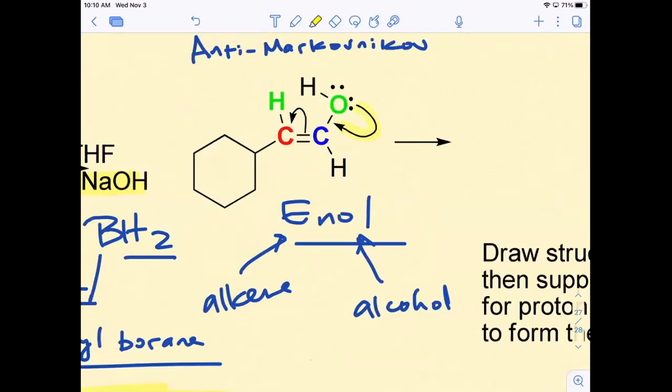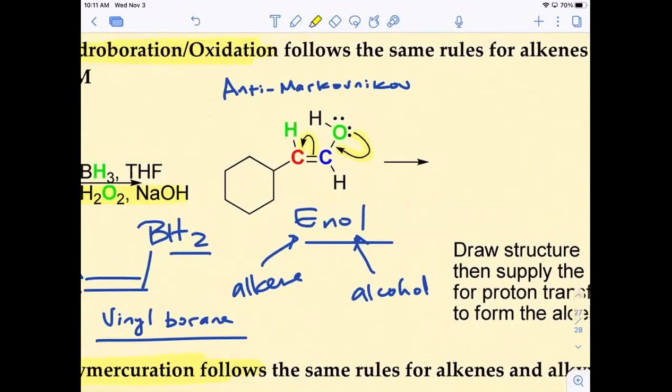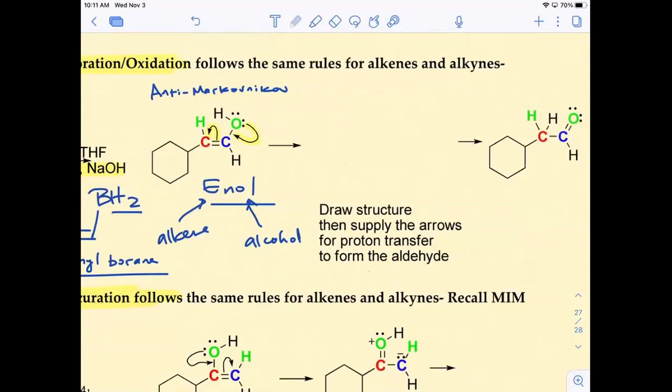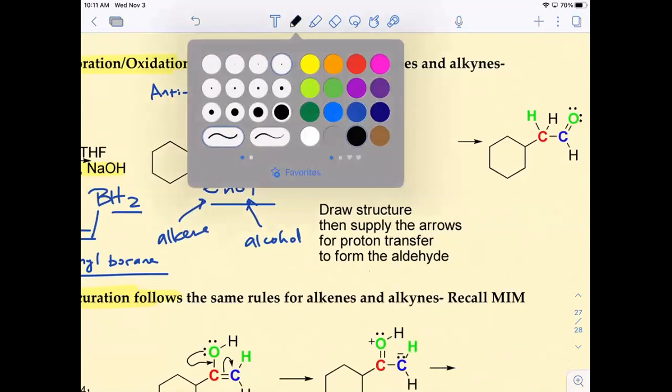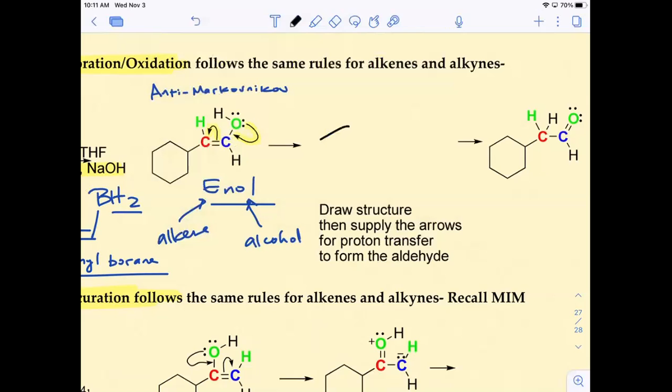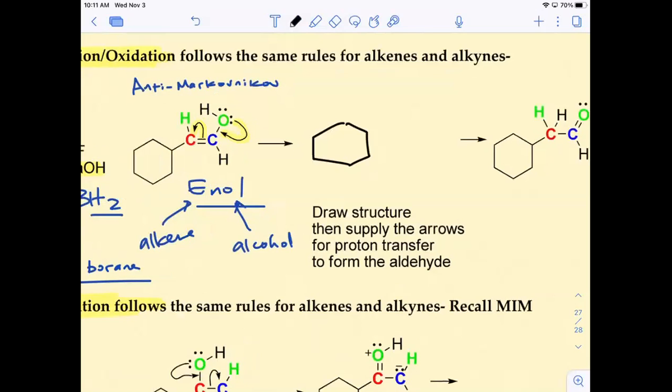This pair of electrons is coming here to make a pi bond between carbon and oxygen. And then this pair of electrons is coming here to put a lone pair on carbon. So there's a blank here, and we have to fill that in with what that intermediate is going to look like. So the ring doesn't change. That's not going anywhere.